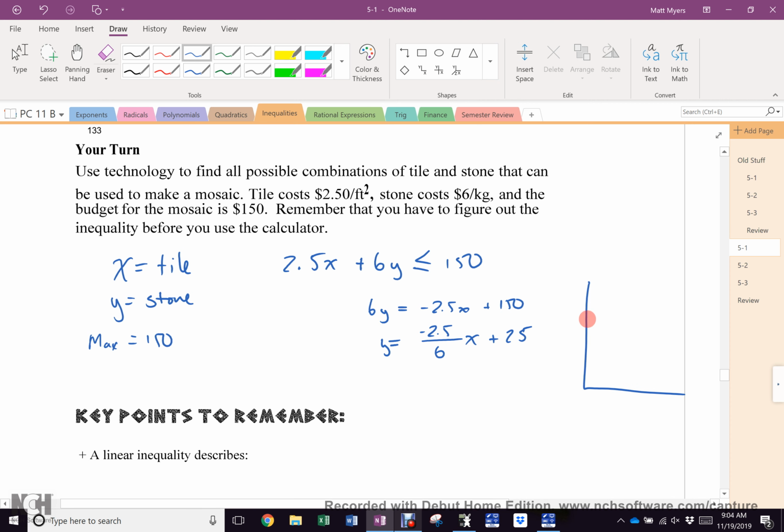And now we could graph that paper and pencil pretty easily, yeah? Where would it start? 25. And it would go down 2.5 and out 6, yeah? So how far down can I go from 25 to get to 0? No, how far down? How many 2.5 rises fit in 25? 10.